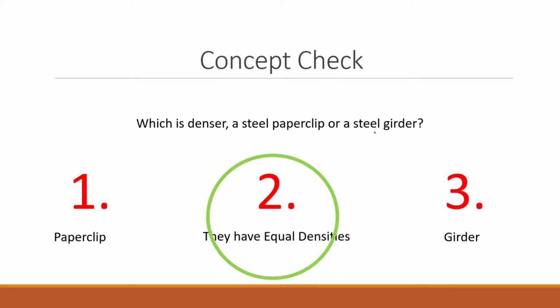They are both steel. And so if they are both steel, they're going to have the same densities. It doesn't matter if this is a steel paperclip or a steel hammer or a steel screwdriver. I'm running out of things that I know that are made of steel. It doesn't matter what the two things are. If they're both steel, it doesn't matter what shape we've put them in or how much of it there is, they will have the same density.